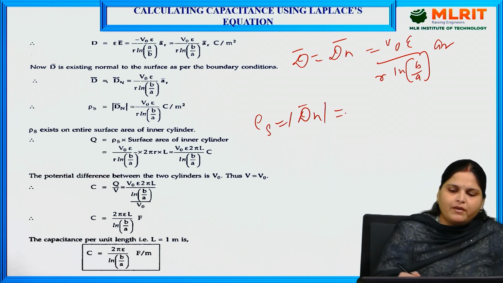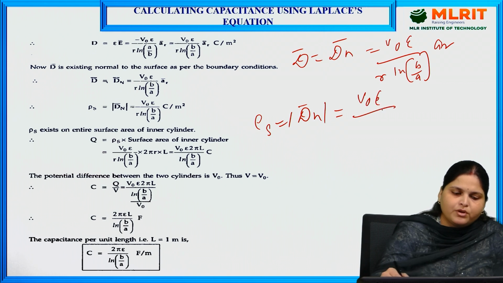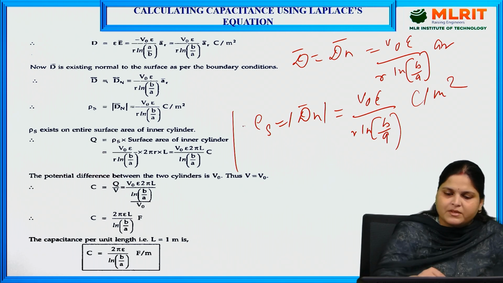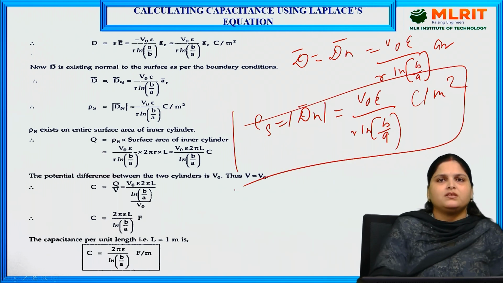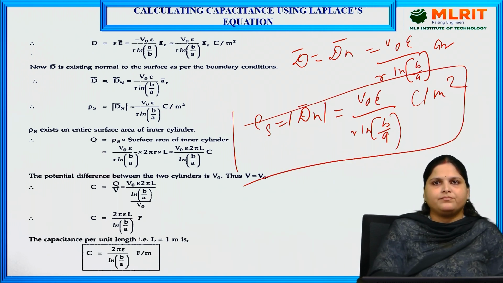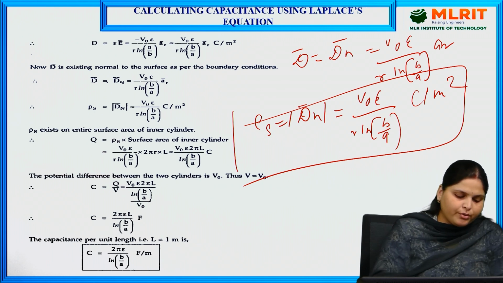So when we solve it, we get V0 ε upon R ln(B/A) coulomb per meter square. This is basically the surface charge density. So now we have got ρs.